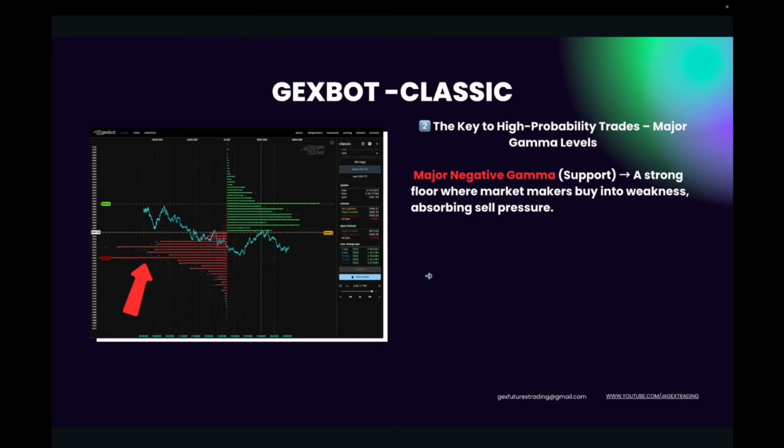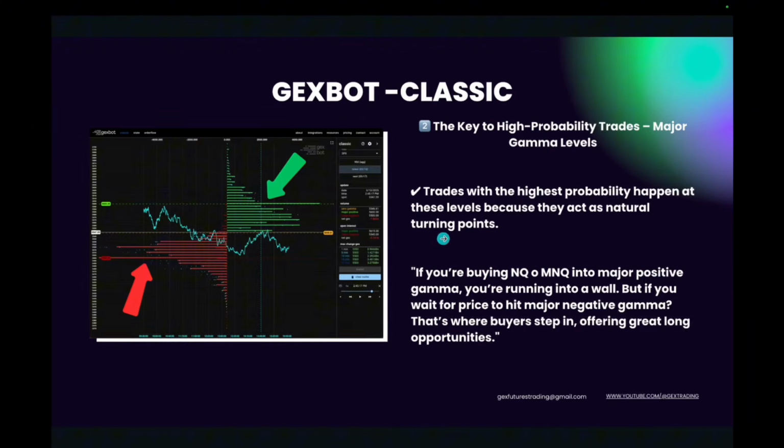Okay. Now, why does this happen? Trades with the highest probability happen at these levels because they act as natural turning points, or mean reverting, right? As an example, for us futures traders, if you are buying NQ or MNQ into a major positive gamma, right?